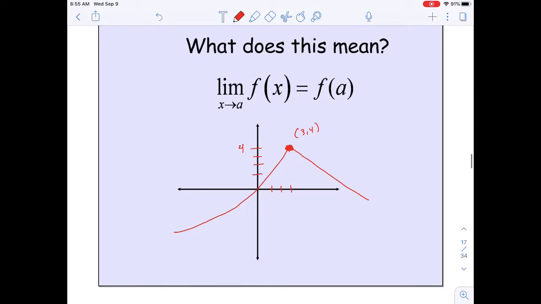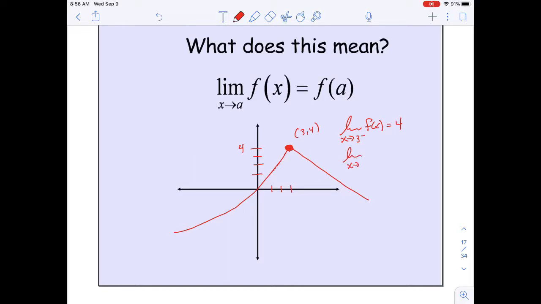Well, the limit as x approaches 3 from the left-hand side, and that's what that means, of the function, is equal to 4, because that's the height. As you get closer and closer to 3, the height of the function is 4.